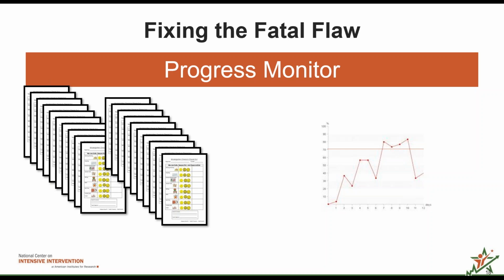It could provide anecdotal information from teachers that's going to help us understand maybe the frequency and or topography of the behavior. But if we are collecting those data, the first thing that we want to start doing is making sure that we're graphing that, because when we are able to visually see it in comparison to where we expect the student to be, that horizontal line on our graph over there, the goal line, right? We can then look and see whether or not that student is making progress and whether or not they're responding to what we've put into place.